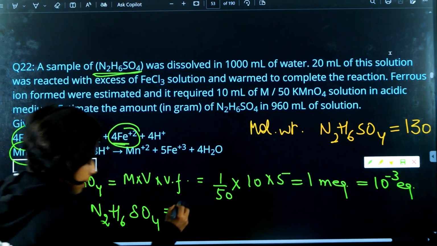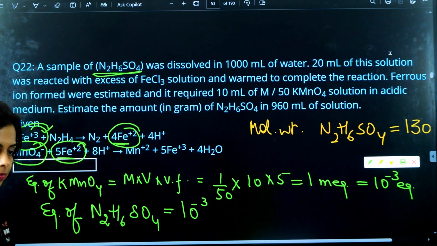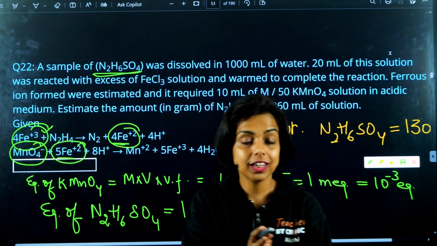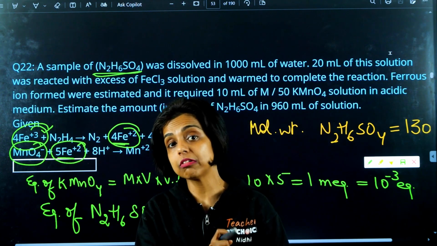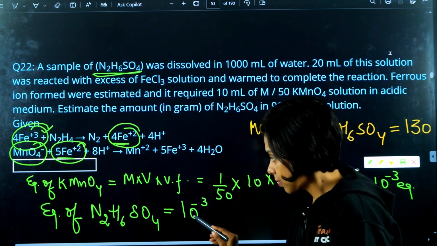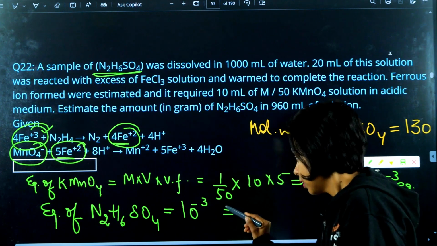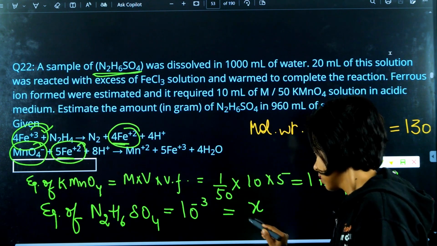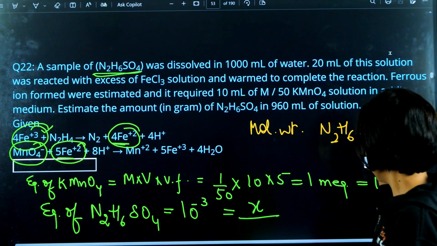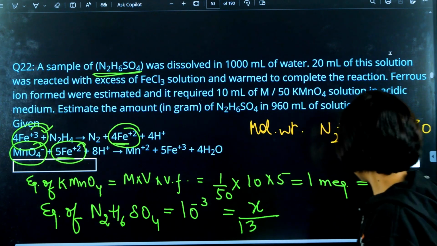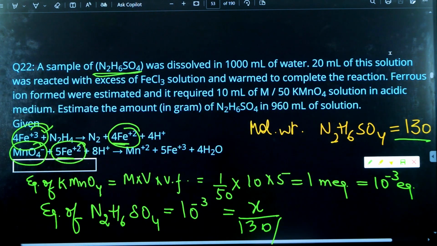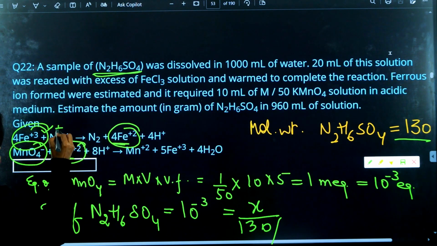So the equivalents of N2H6SO4 is equal to the same, by the law of chemical equivalence. The equivalents of one reactant reacted is equal to the equivalents of another reactant reacted, equal to the equivalents of each product formed. So that is 10 raised to power minus 3 equivalents, right? So 10 raised to power minus 3 equals given mass times equivalent mass. How can we calculate equivalent mass? Molar mass, that is 130, divided by valency factor. Now let's check the valency factor of N2H6SO4 here. Yes, so here nitrogen is in the -2 oxidation state.